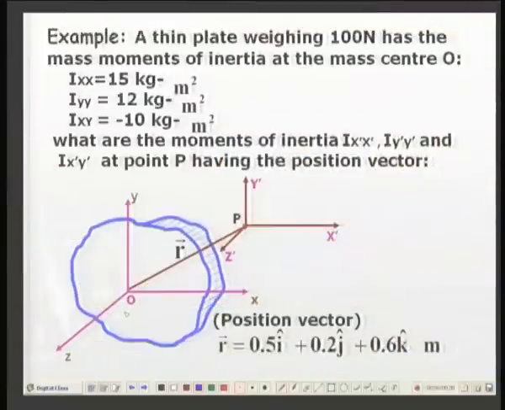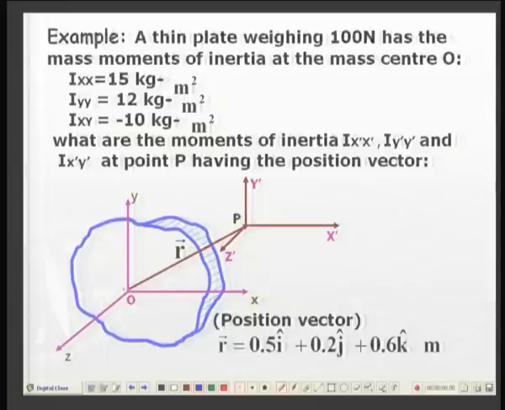Let us take up one or two examples to illustrate whatever we have learned today. I am restricting them to thin plate problems. A thin plate weighing 100 Newton has the mass moments of inertia, given about the mass center.